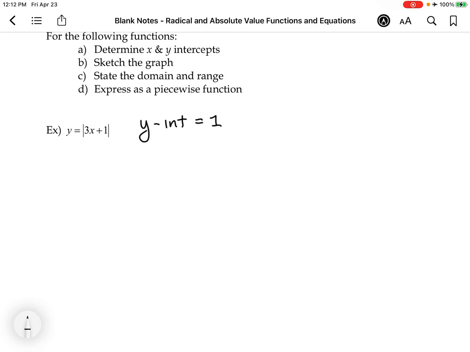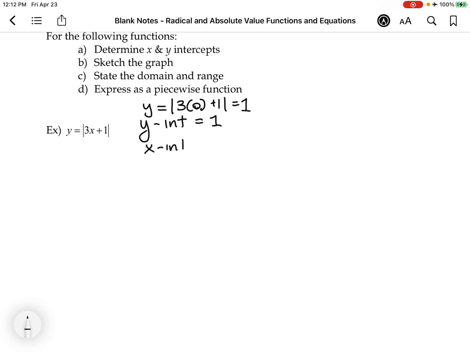And the y-intercept equals 1 also because the y-intercept is whatever y is when x equals 0, right? So plug in x equals 0. That's y equals the absolute value of 3 times 0 plus 1, which is 1. Right? So this is our y-intercept.